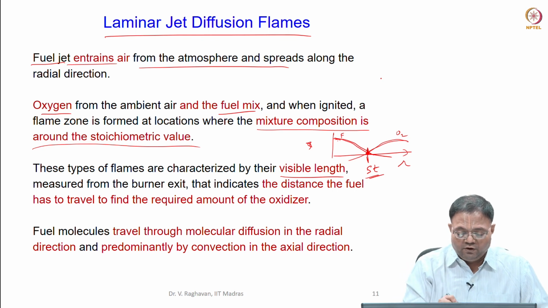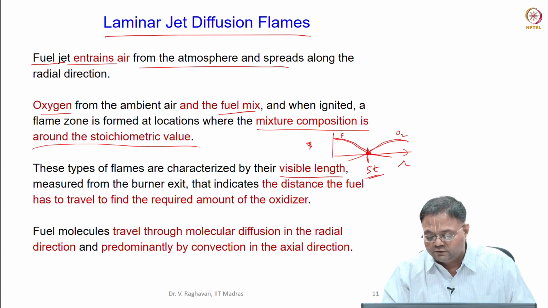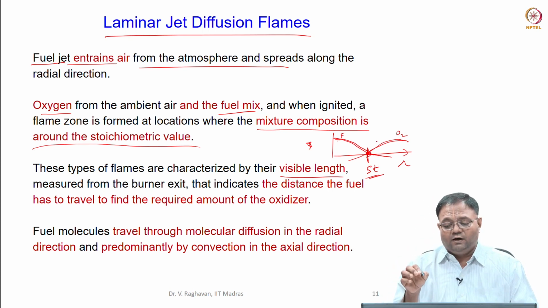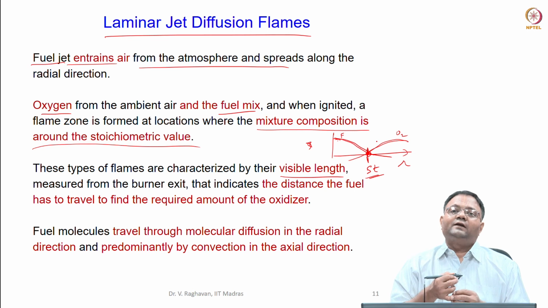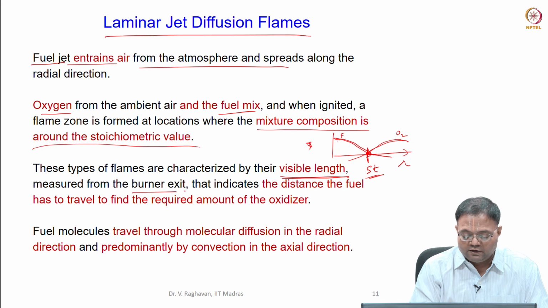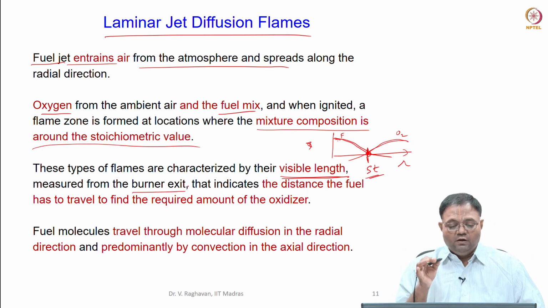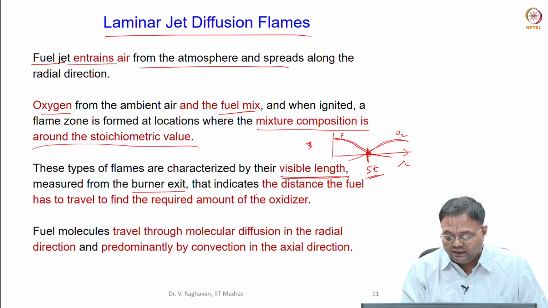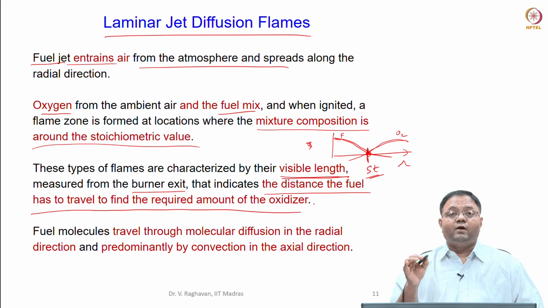But in the case of a diffusion flame like this, where nothing is mixed and they mix only at the flame zone, under those circumstances, the distance the fuel travels to get all the oxidizer it needs is the characteristic. So, the visible length of the flame, which is measured from the burner exit, will be the important characteristic feature of the diffusion flame, and that indicates the distance the fuel has to travel to get the required amount of oxidizer for its complete oxidation.